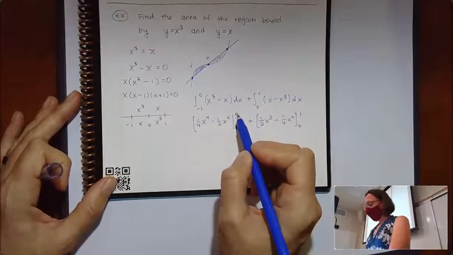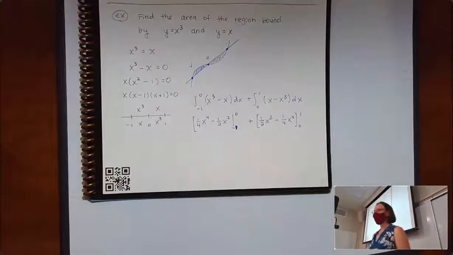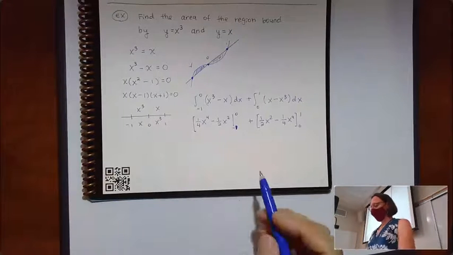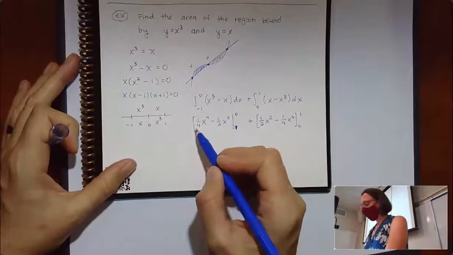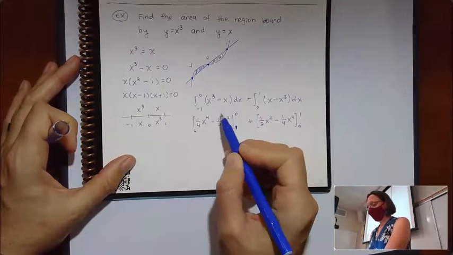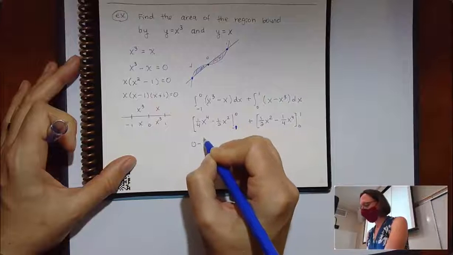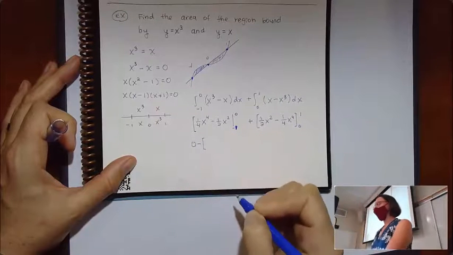Be careful about the order here, we're always plugging in the top thing first. So I'm going to plug in the 0, and I'm going to get 0 everywhere. But that means it's 0 minus what I get from plugging in the -1.